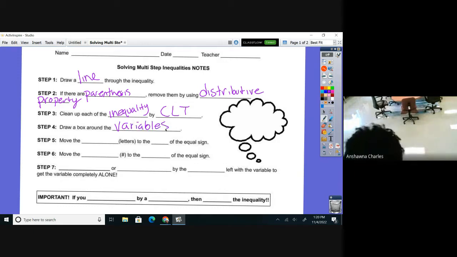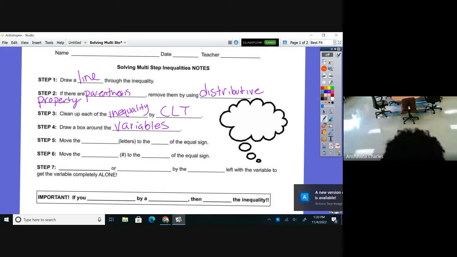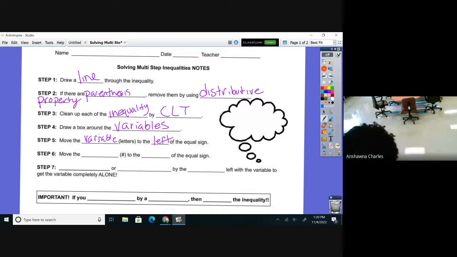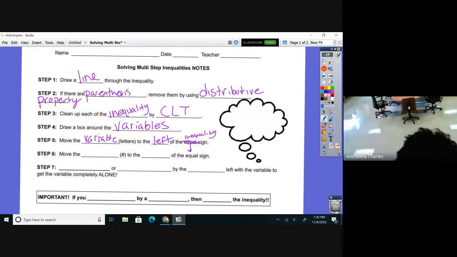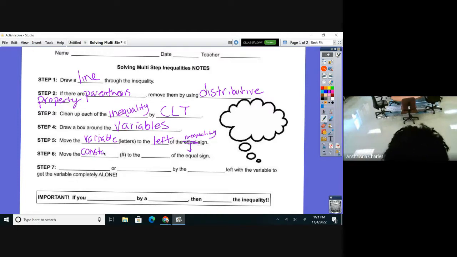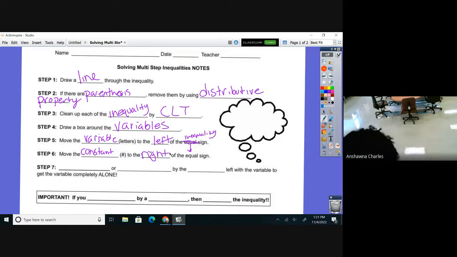Any variables you have, you're going to move the variables to the left of the inequality sign. And you're going to move the numbers or the constants to the right of the inequality sign.